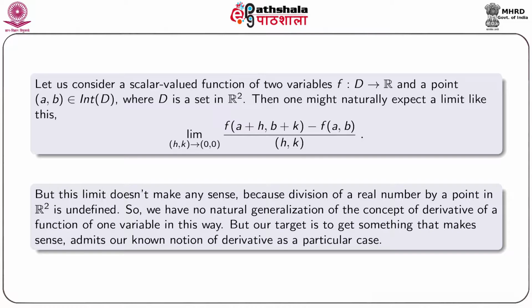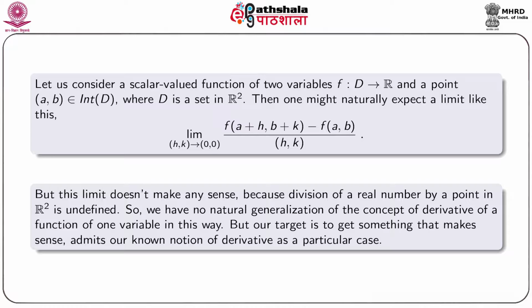We consider a scalar field f defined on a set D which is a subset of R2. We consider any point (a, b) which is an interior point of the set D. We try to imitate the definition we used for derivative of a single real variable.